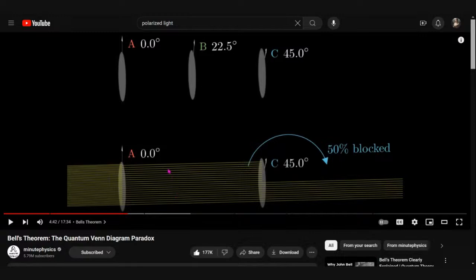At 0, there's a lot. Maybe there is a linear relationship from 0 to 90. Is it linear or is it cosine squared? It's cosine squared. So let's draw cosine squared. What does it look like, cosine squared? It's got nothing to do with what he's talking about.